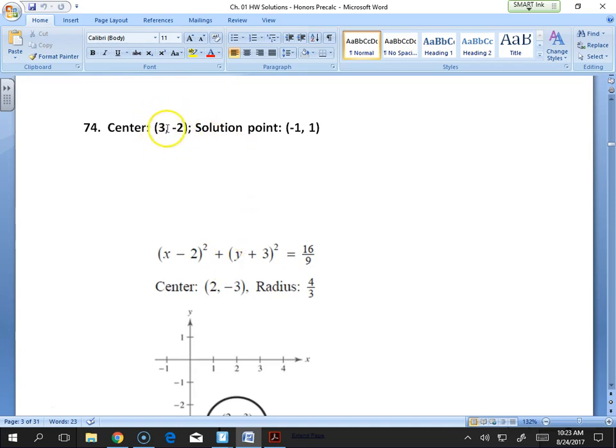Number 74, plug in 3 as your h, negative 2 as your k. For your r, you need to plug in x as negative 1, y as 1, solve for r. Your final solution ends up being the following.